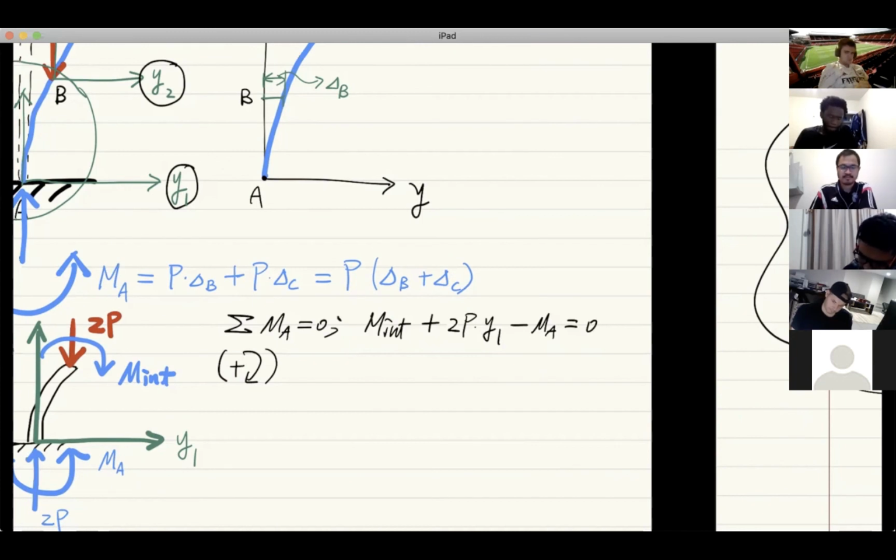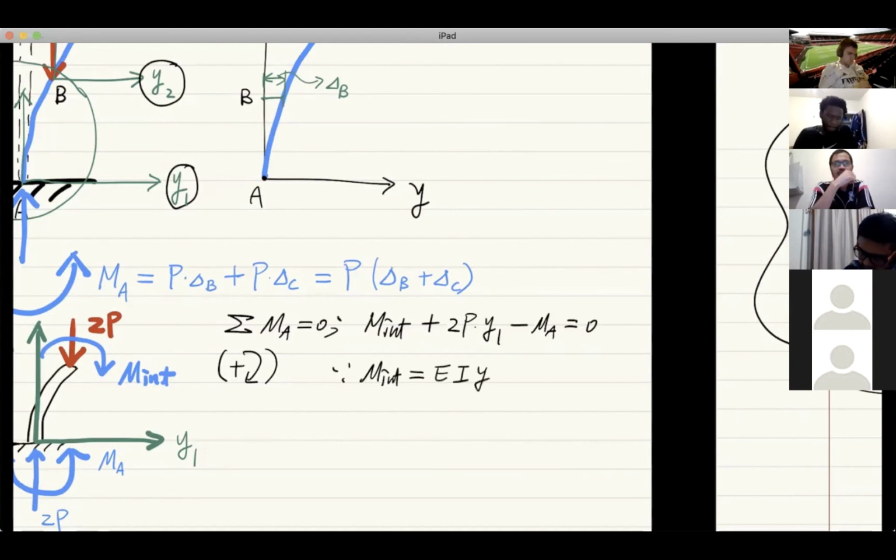And because M internal in this case is EI times y1 double prime, we have EI times y double prime plus 2P times y1 equals M_A.